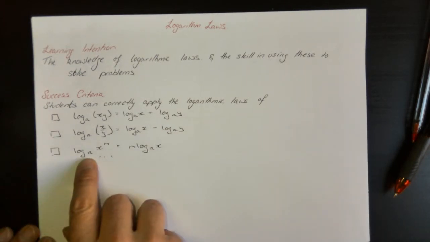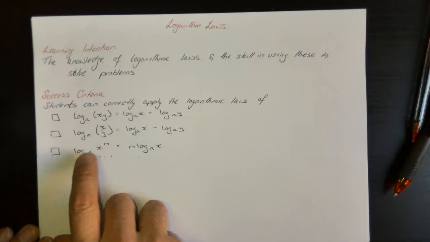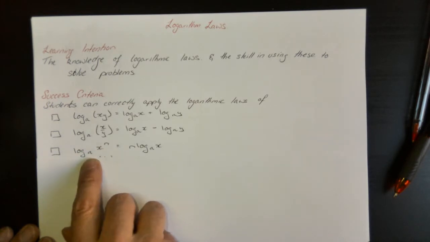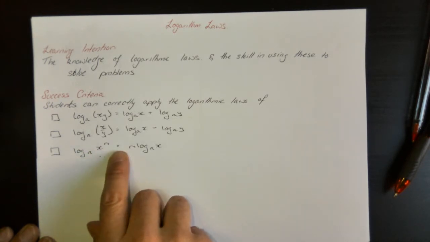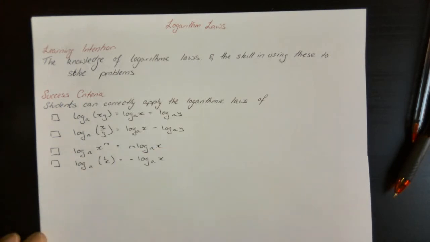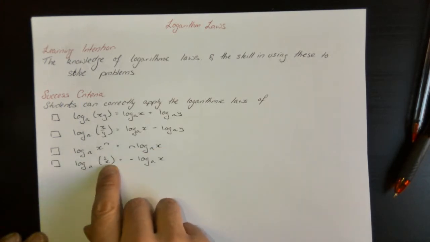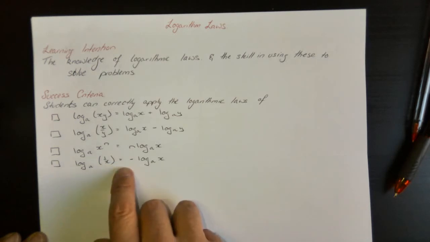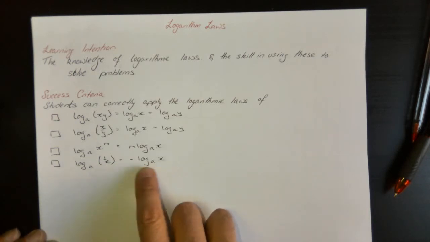Log of x to the power of n base a is equal to n log x base a. And log of 1 over x base a is equal to negative log of x base a.